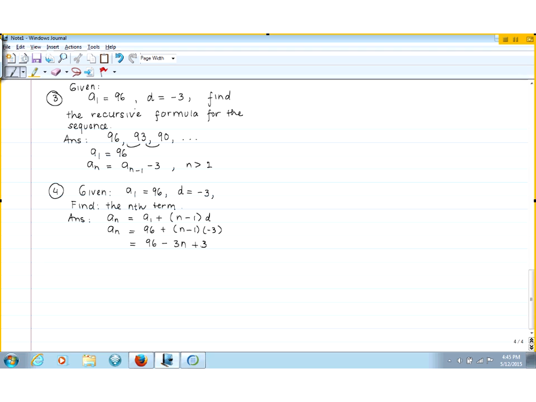So that equals 96 minus 3n plus 3. So this is 99 minus 3n. So this is AN. Okay, so 99 minus 3n. All right, good. We're done with this problem.